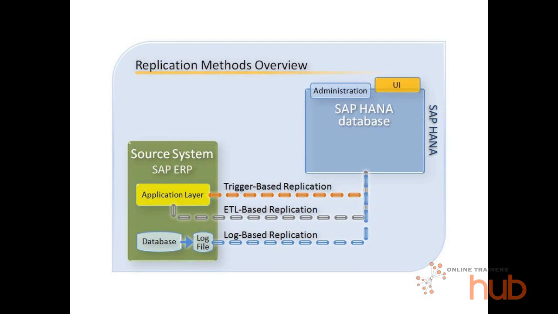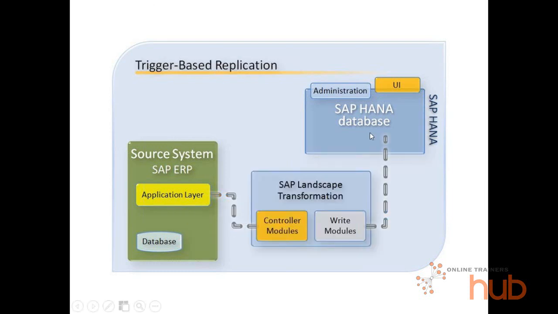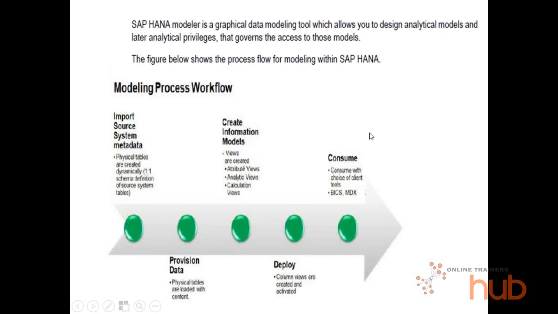With these procedures, we start bringing data into your SAP HANA database. Once you have brought your data into the HANA database, how we can report that data is very important.